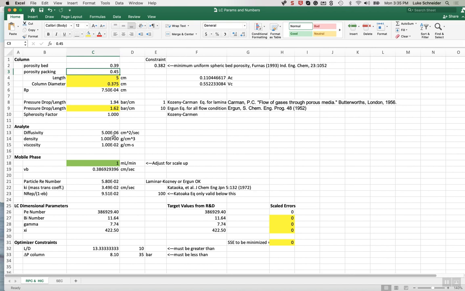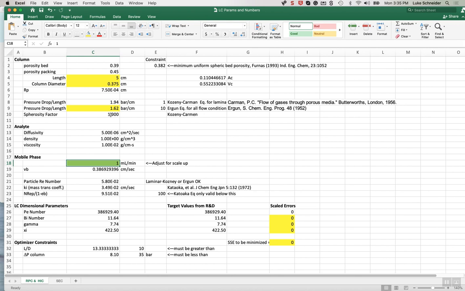Now I have to plug in values for my analyte and my mobile phase. Let's say my laboratory was running at 1 mL per minute. With that porosity, I can calculate the interstitial velocity, V sub B. From that, I can calculate the particle Reynolds number and the pressure drop per unit length. That's what these two equations give me.